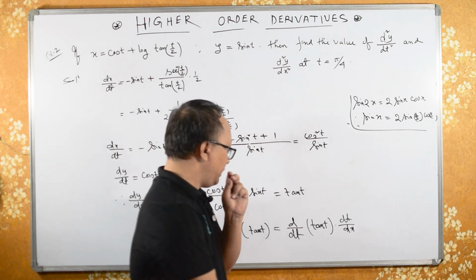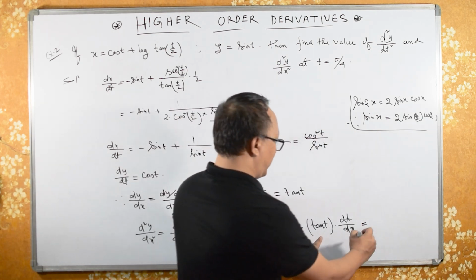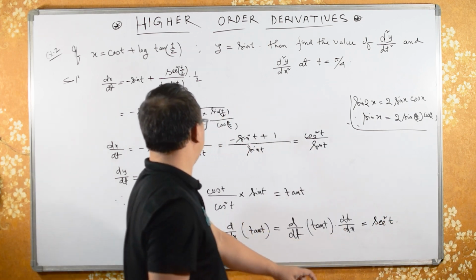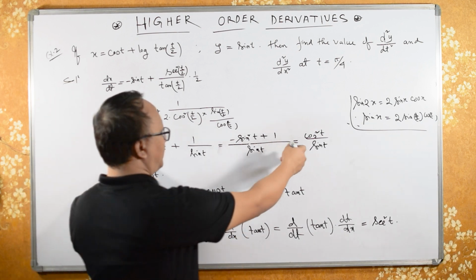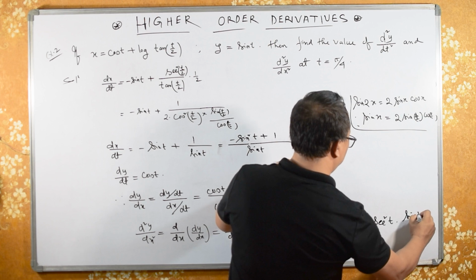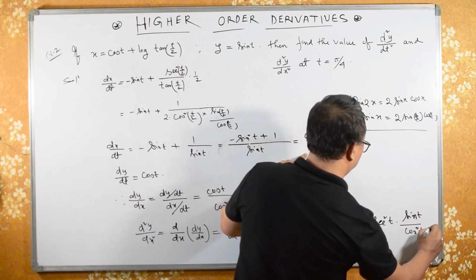Therefore, the differentiation of tan is sec square t, into dt by dx. What is dt by dx? It is just the reverse of this. What I will get is sin t upon cos square t.